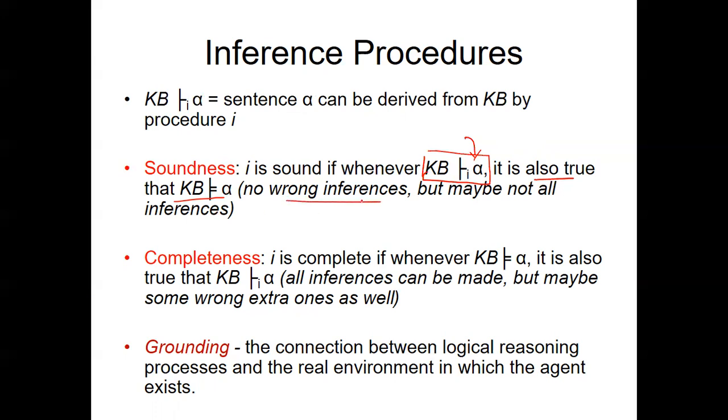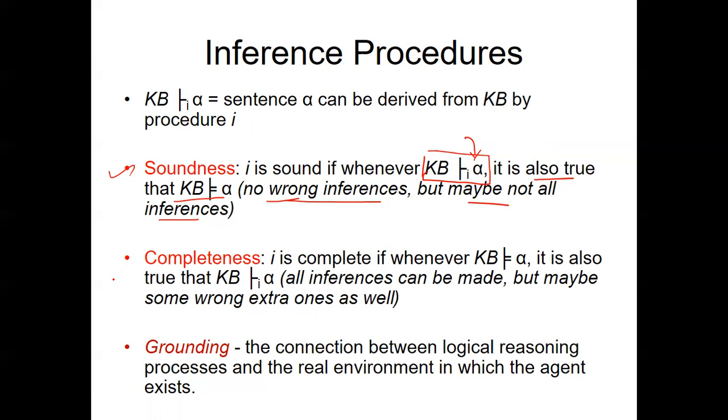So it does not make any wrong inferences, but it may not make all inferences. That is the key thing you should understand. If the algorithm holds this property, then we call it sound.